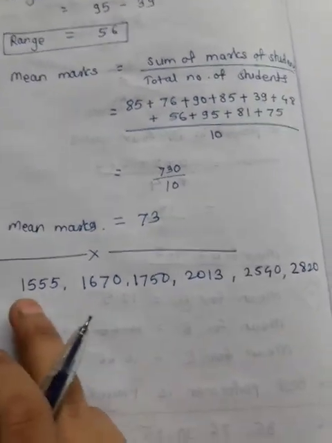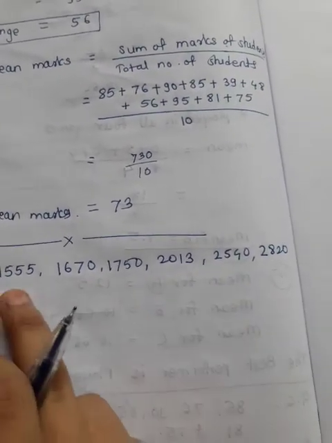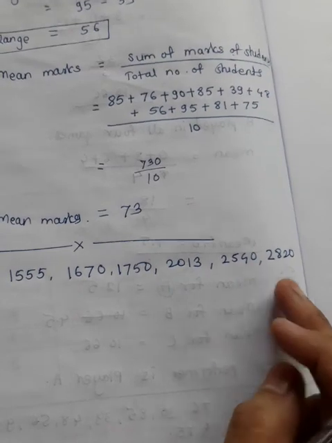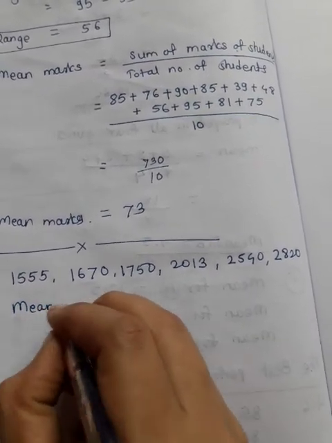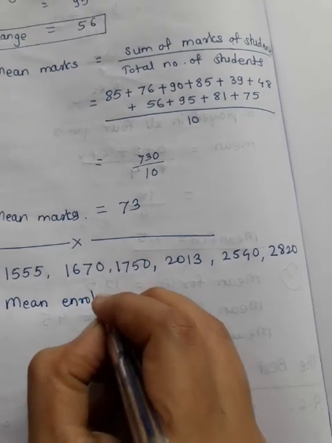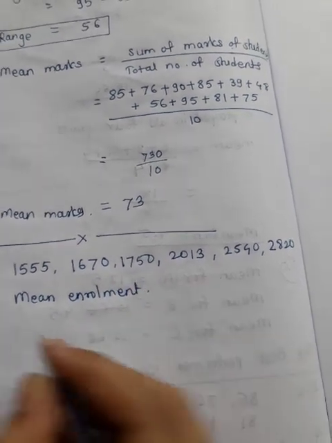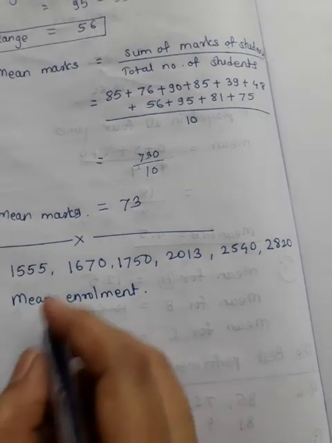So this is the enrollment in the school during 6 consecutive years, 1 2 3 4 5 6, and we are asked to find the mean enrollment of the school for this period.